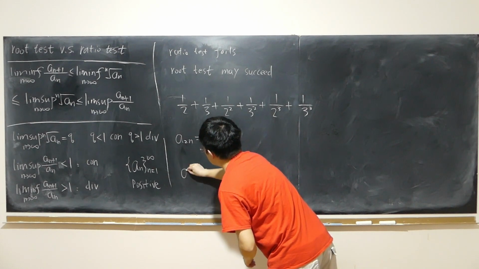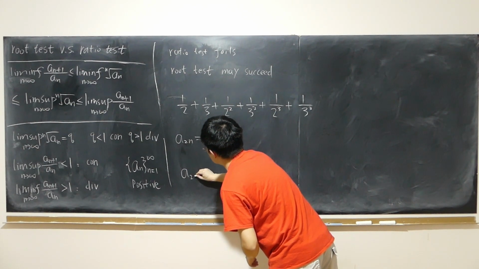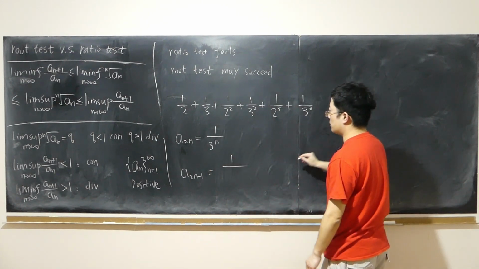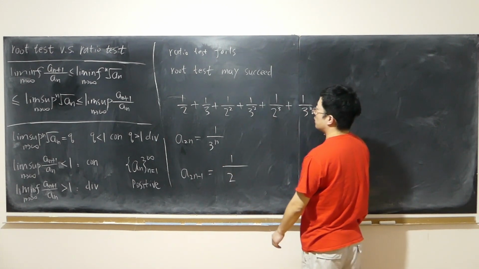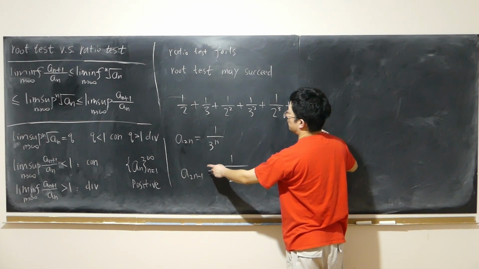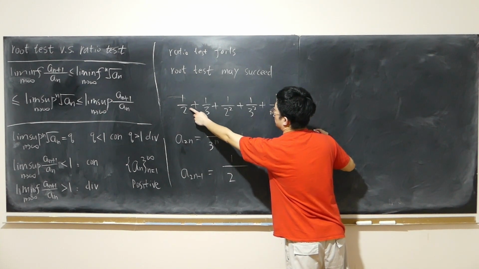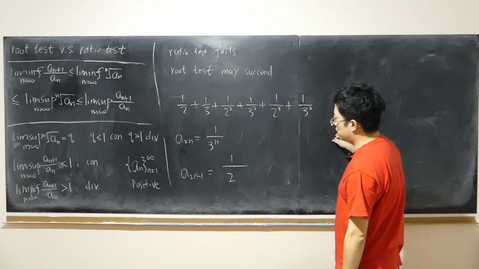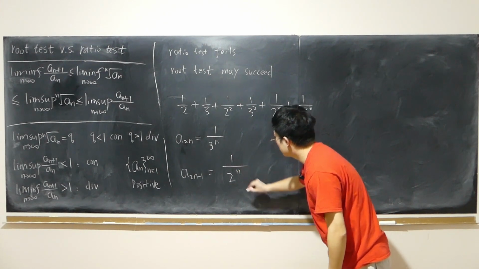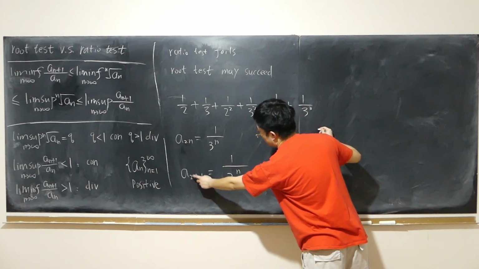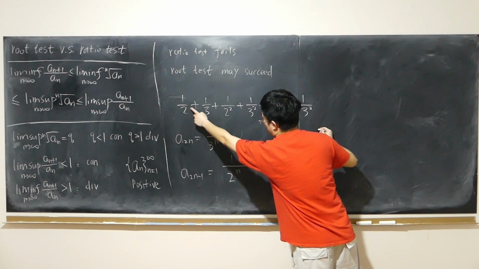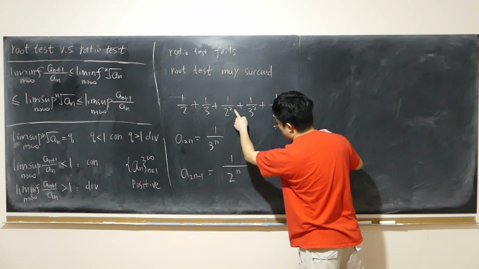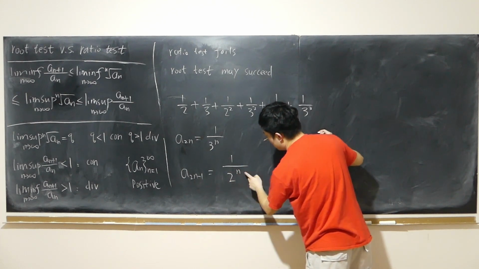For the odd terms, a2n minus 1, the base is 2. The first odd term has power 1, the second odd term has power 2, so it's n. If n is 1, we have the first odd term with power 1. If n is 2, we have a3, with power 2.